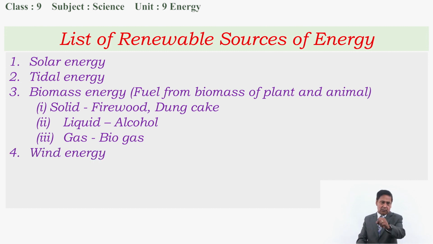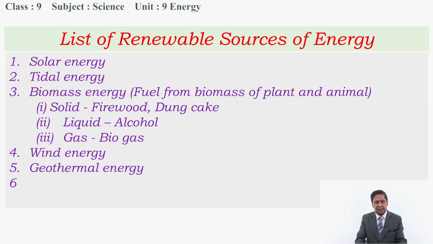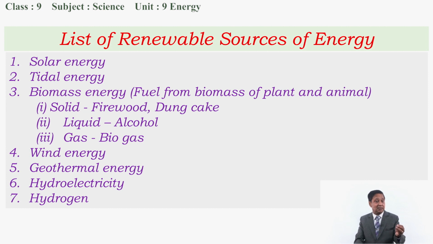Okay, now another one, wind energy, another geothermal energy, hydroelectricity and hydrogen. This is one of the important point. Hydrogen is also renewable source of energy. How can we get hydrogen? When we decompose water into two different gas, hydrogen and oxygen, the hydrogen so obtained can be used as source of energy and it can run the vehicle also.